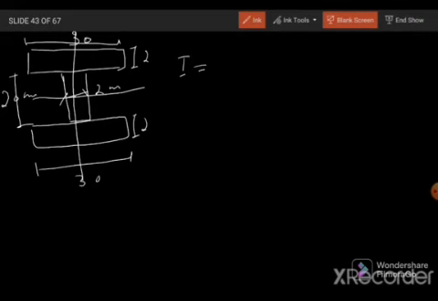So I will be equal to the sum for shape 1, shape 2 and shape 3. Shape 1 and shape 3 are the same and have equal distance from the centroid, so we can calculate for one figure and then multiply it by 2. For figure 1 it is 30 times 2 cube divided by 12 plus 30 times 2 times the distance from here up to the centroid, which is 10 plus 1, so 11 square.